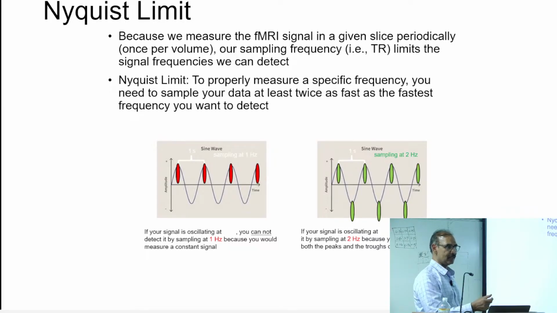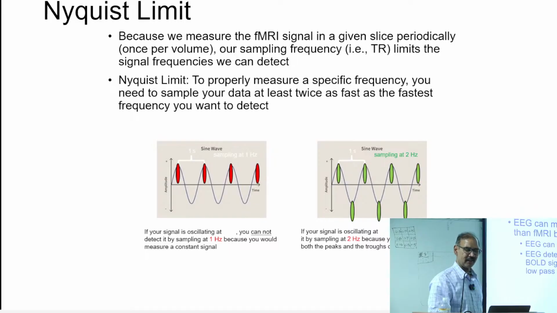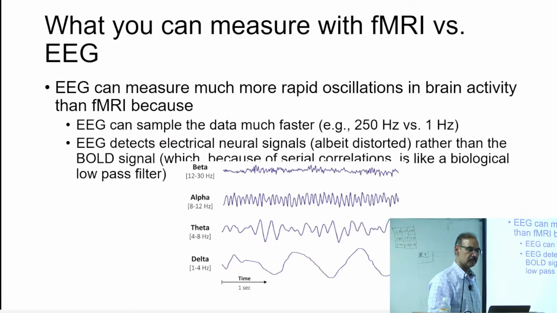In space, it is twice as less. Again, these are the reasons why we cannot collect fMRI at arbitrary rates.